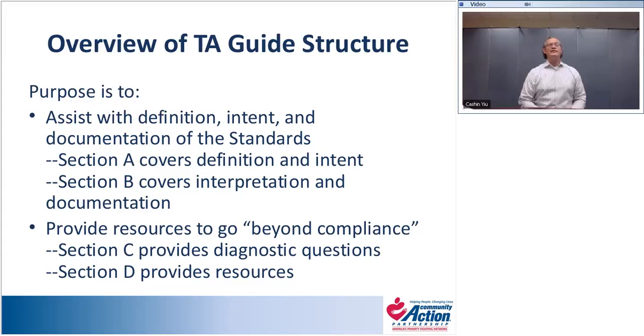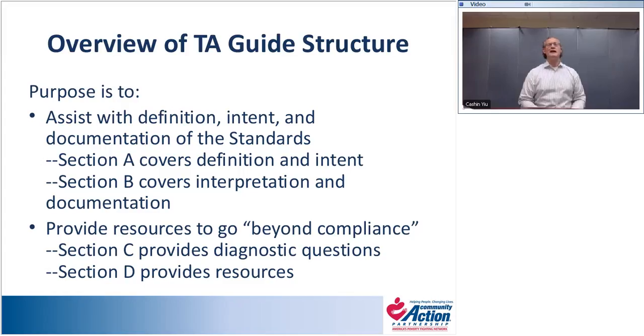In Section A, you will find some additional background information on the definition and intent of the standard. If there are any technical issues or issues related to activities around the standards, we go into a little bit more detail and also make sure to explain why the standard was included in the list of overall standards. We think it's important for our agencies to understand why the standards were chosen.